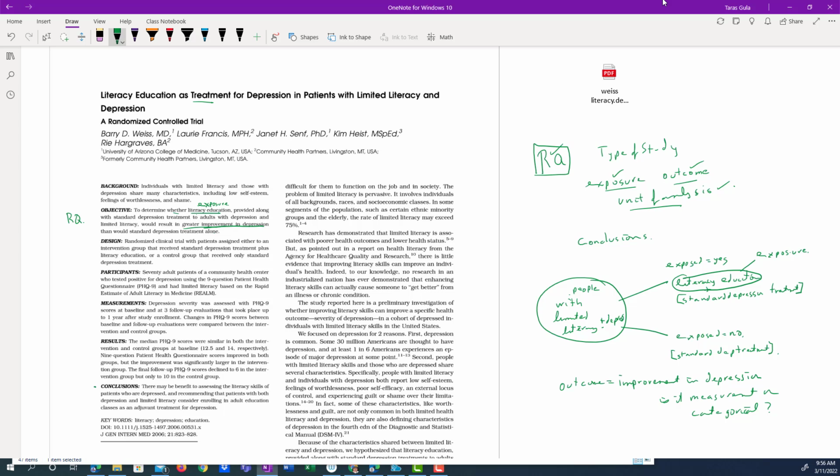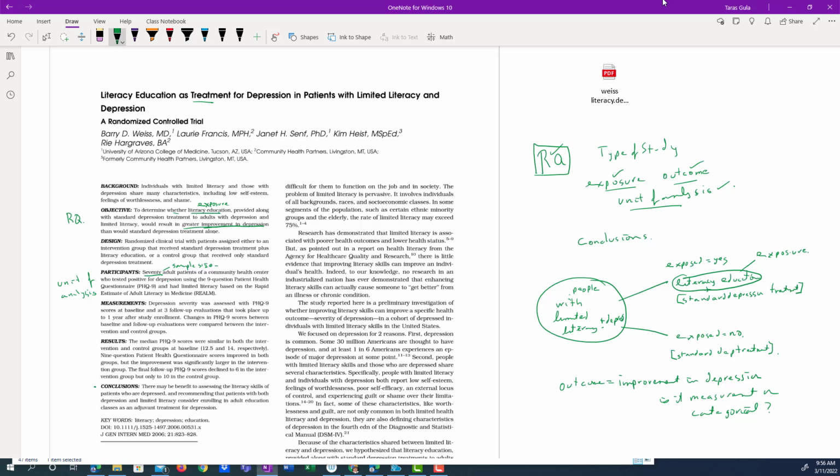All right. Participants: 70 adult patients at a community health center who tested positive for depression. So we already have the unit of analysis, people with depression. And is it a sample? We're heading towards external validity. 70 is the sample size.